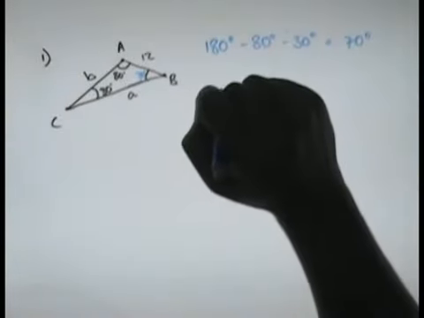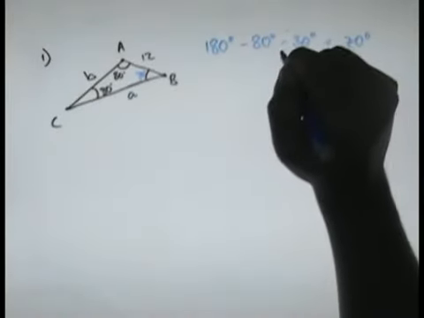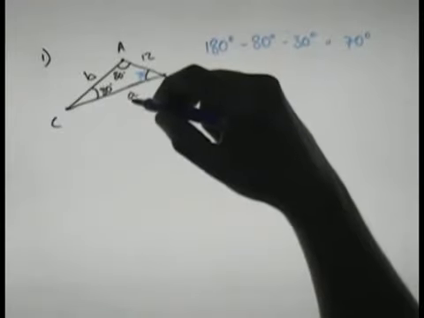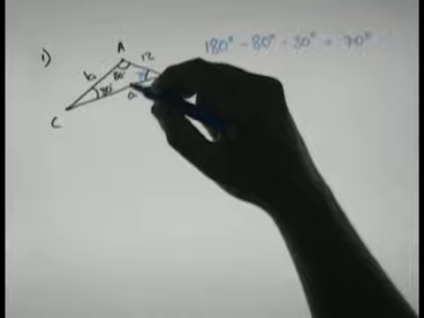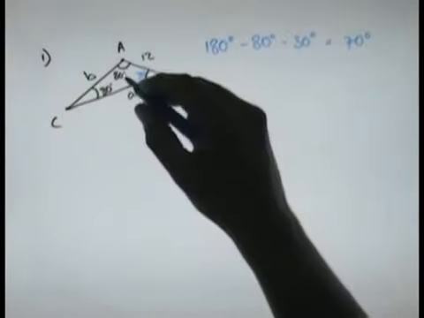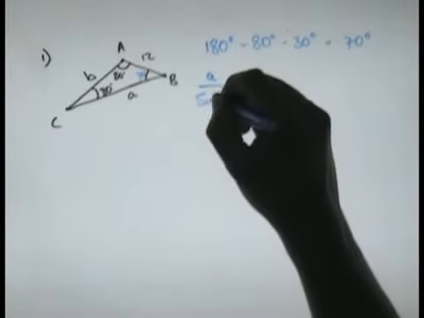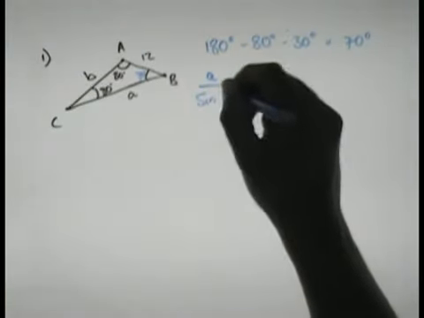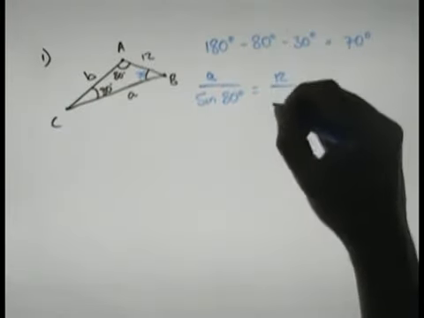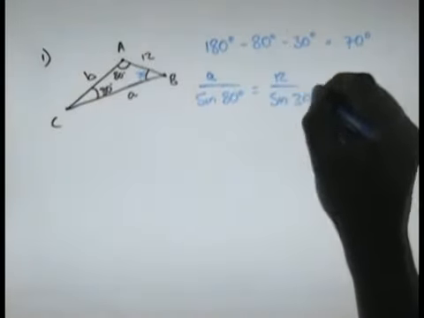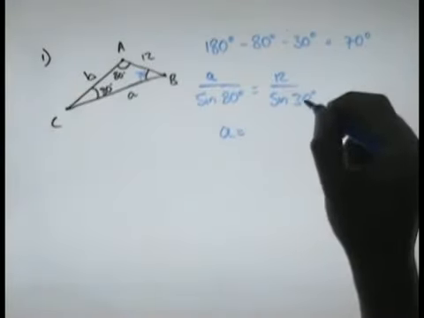The next thing we are going to be looking at is side A. Now side A we can use the sine rule to get. Remember, side A is opposite angle A. That means that A over sine of A, which is sine of 80 degrees, is going to equal 12 over sine of 30 degrees. That means that A is equal to 12 over sine 30.